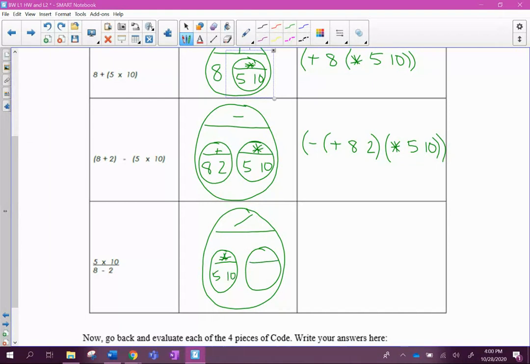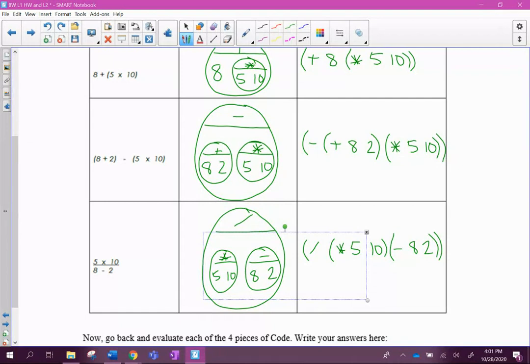The second one is subtraction, and we're doing 8 minus 2. So with the code, we start with the parenthesis, and then my operation is going to be division. Then we move to the next circle, operation multiplication, 5 and 10. Then we move to the next one, subtraction, 8 and 2. And then we close the original.